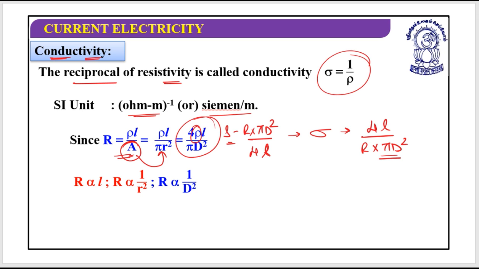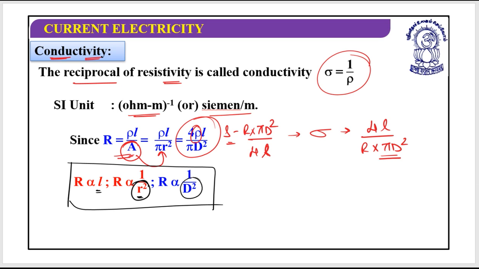From these relations we have a clear idea that resistance depends on three parameters. One, the length of the conductor. Second, the area of the conductor, and resistance is inversely proportional to the square of the radius, and inversely proportional to the square of the diameter as well. Is it clear?